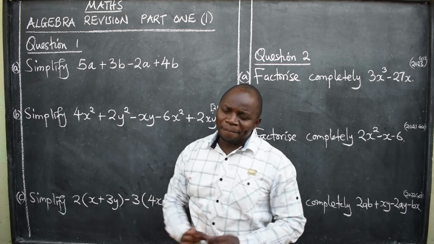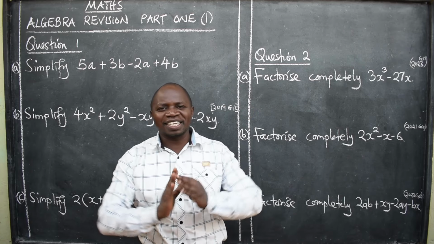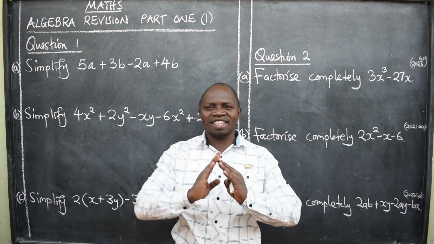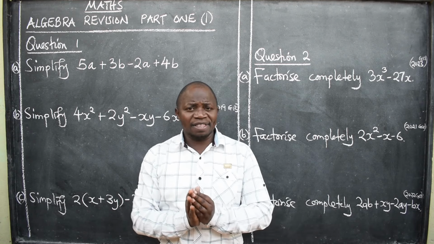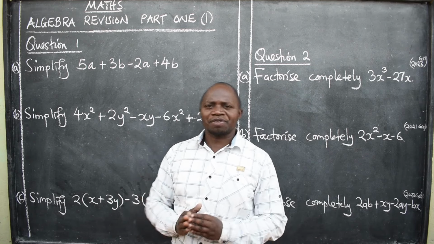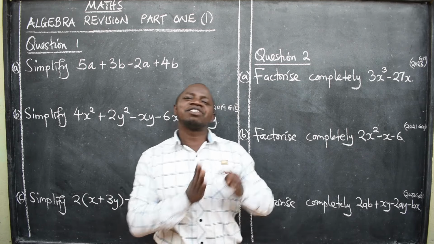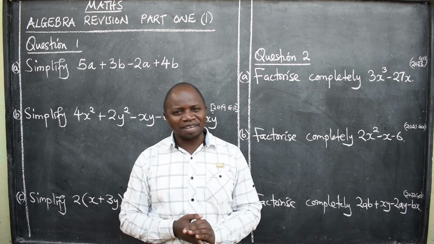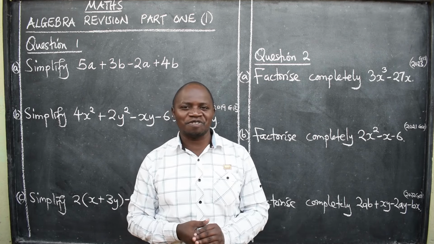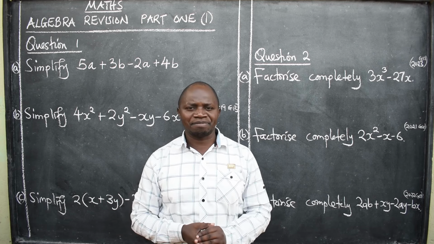Now, algebra, the first thing that you need to understand is the topic itself. Algebra, what exactly will you be doing in this topic? Remember, algebra comes in both papers, paper 1 and paper 2. Something that you should not miss in your final examination.